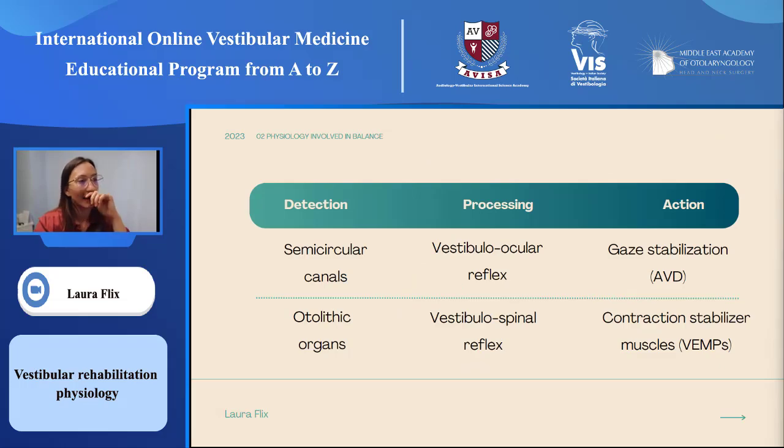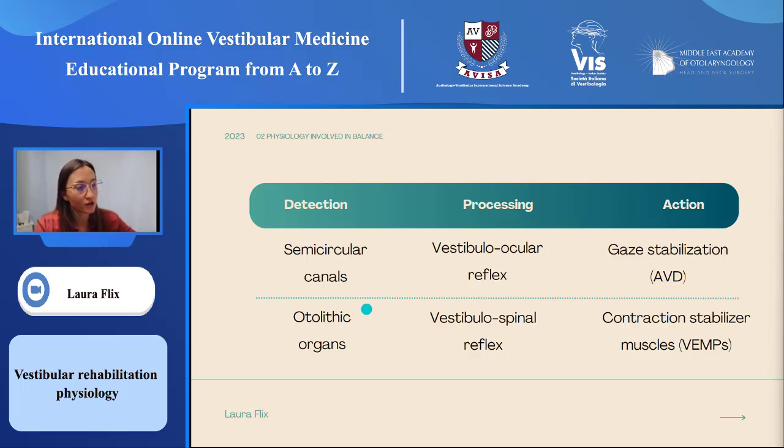So to apply this scheme more, we will have the vestibulo-ocular reflex, a typical schema of the semicircular canal that has the detection part, then the processing is all the mechanism that we know about the vestibulo-ocular reflex, and the final action will be the gaze stabilization, which can be measured with visual acuity.